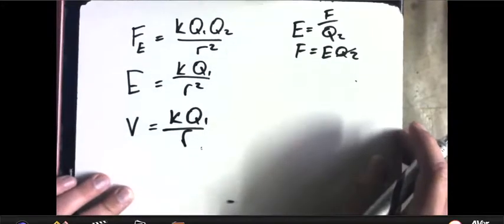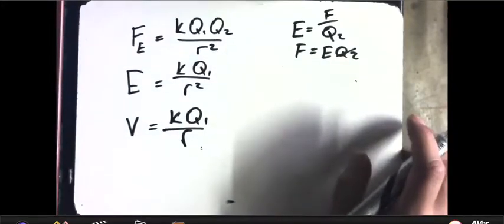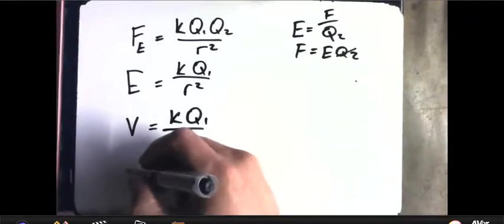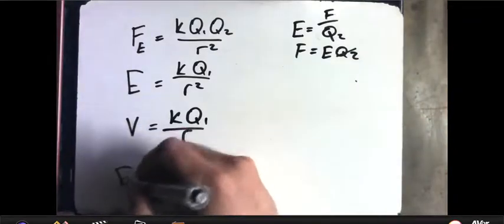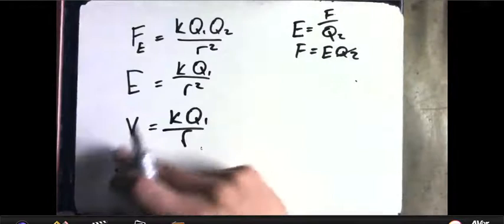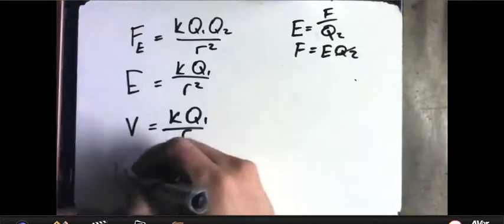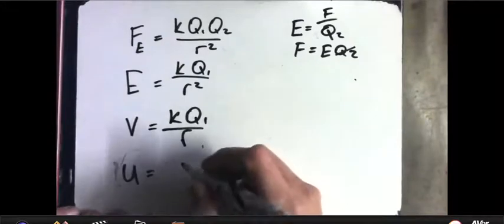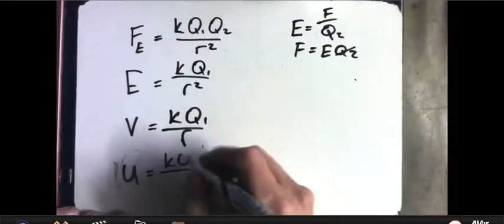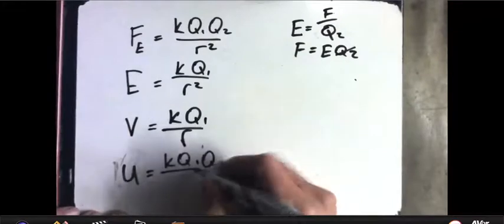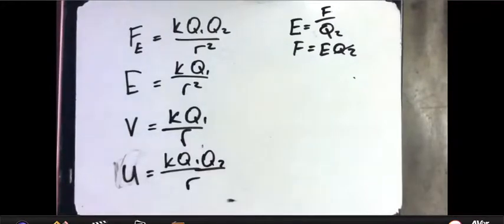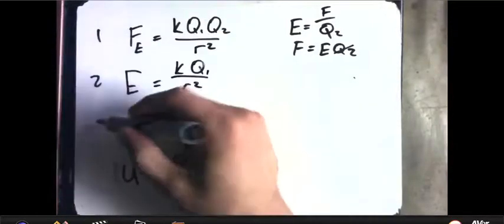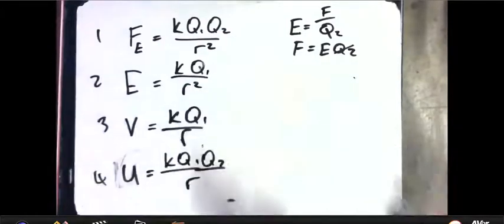Lastly, we're going to look at the potential energy, or they sometimes use a U here, the electrostatic potential energy, where we have k Q1 Q2 over r. So there are the four formulas that we're going to use. We've looked now at the first one, and I've shown you where the second one comes from.